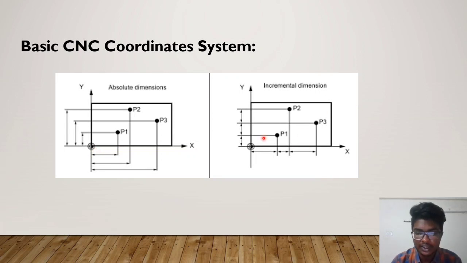In the incremental dimension system, the point 1 dimension consists of the distance from the origin, and the point 2 dimension input consists of how far it is from point 1, or how the movement is from point 1. These are the two coordinate systems in a CNC machine.